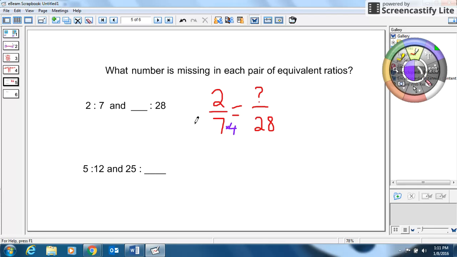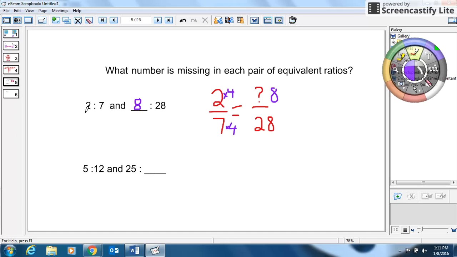And I know that whatever I do to the bottom of a fraction, I must do to the top. So if I multiply the bottom by 4, I multiply the top by 4. And that means 2 times 4 is 8. So the ratio 2 to 7 is equivalent to 8 to 28.